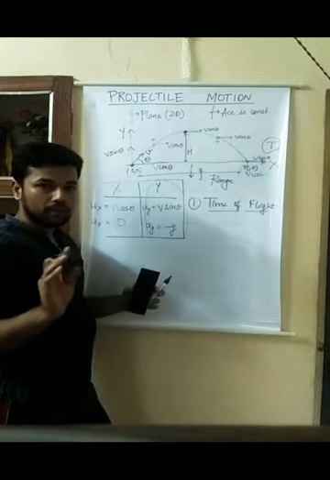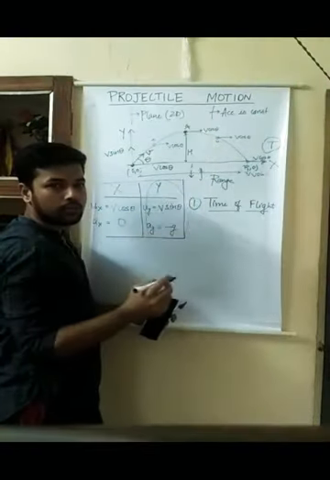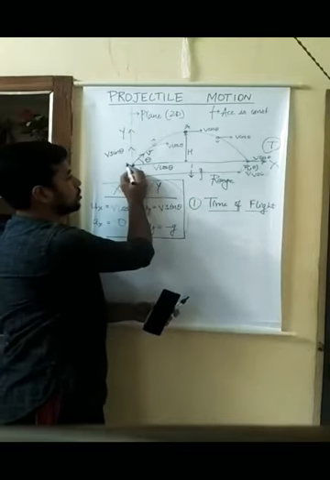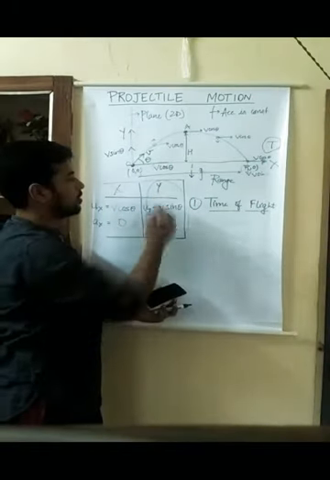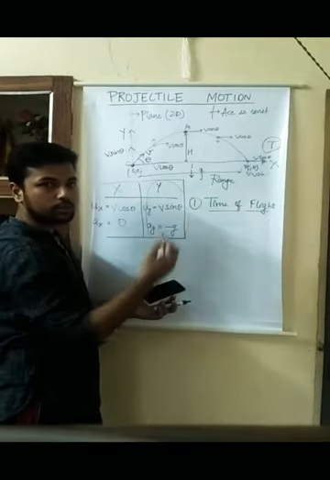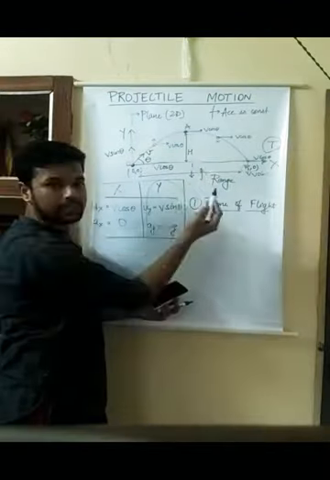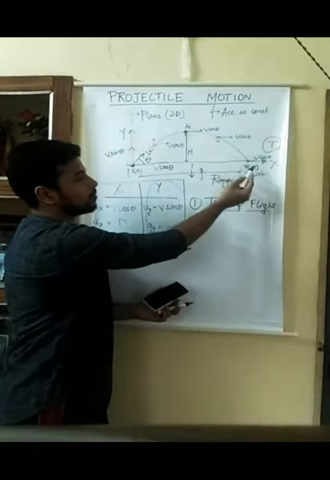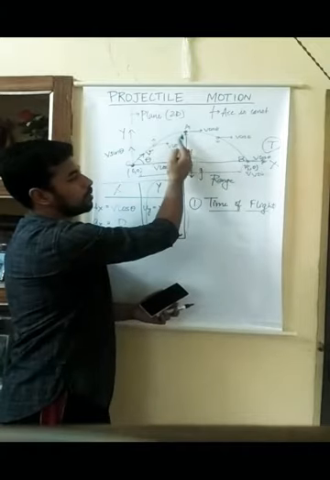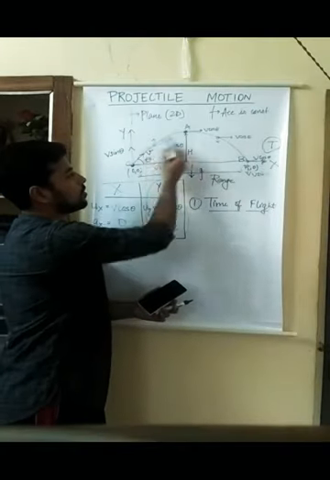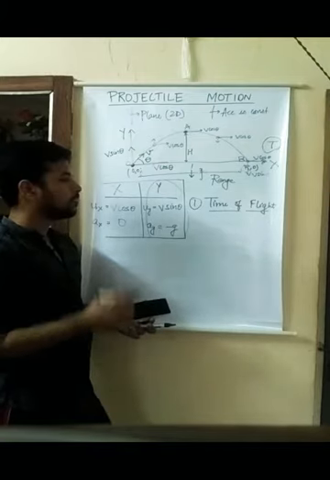If we are able to obtain the time it takes for the ball to reach from origin to A, then our task is simple, right? The time the ball takes to go from origin to A would be the same as the time it takes to go from A to B. Say this point is B. So if we obtain this time, we will be able to obtain time of flight.